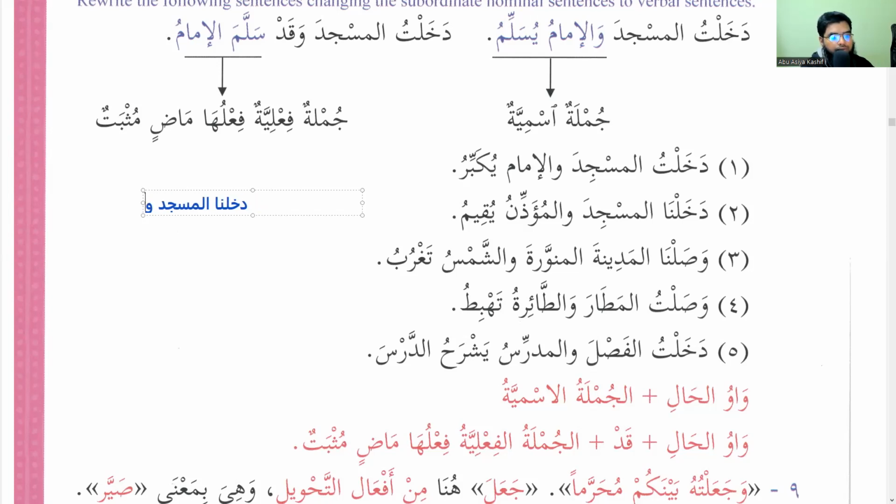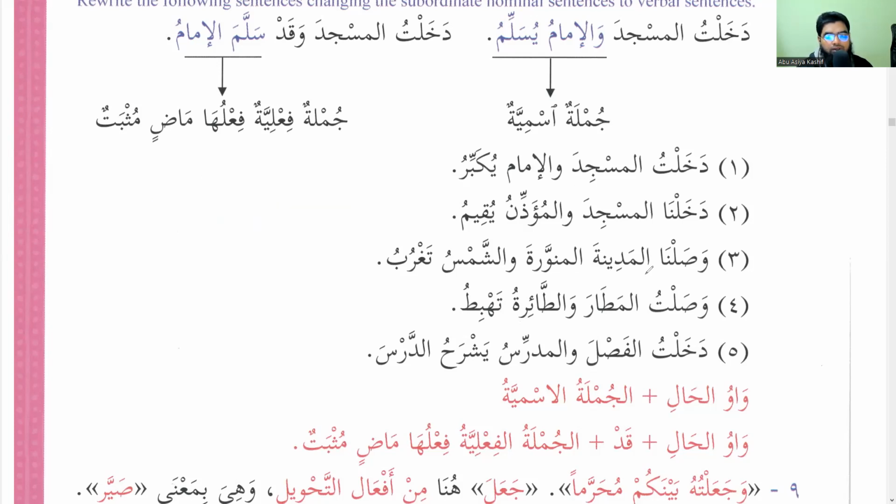Oh, we have to use qad, no? Waqad aqamal muadhin. So with verbal sentences, if you have to use waw al-hal, you have to use madi as well as qad, and there should be no negation in it. وَقَدْ أَقَامَ الْمُؤَذِّنُونَ.